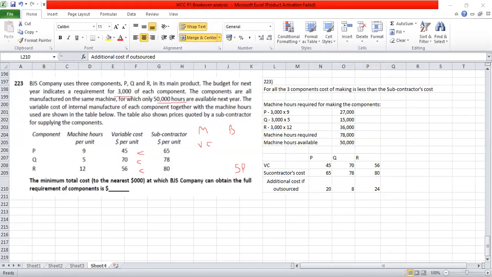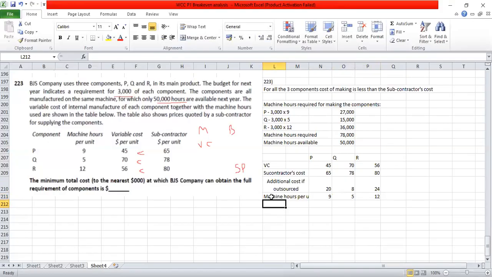So how many mesh nodes are required per unit? Mesh nodes per unit are 9, 5, and then 12.